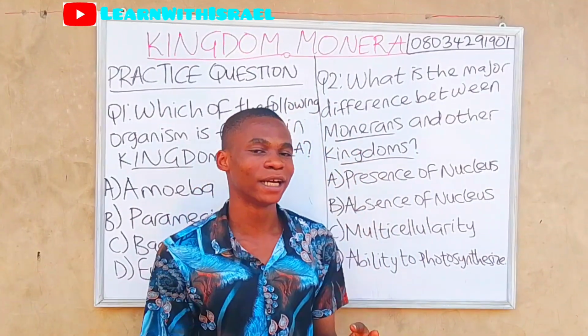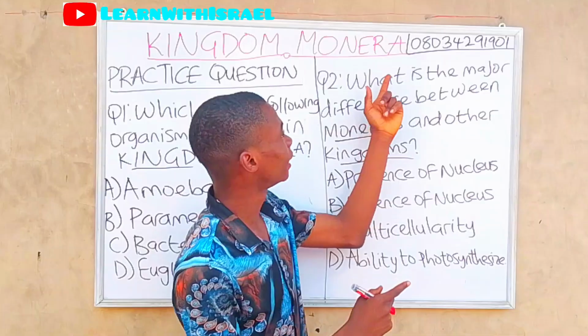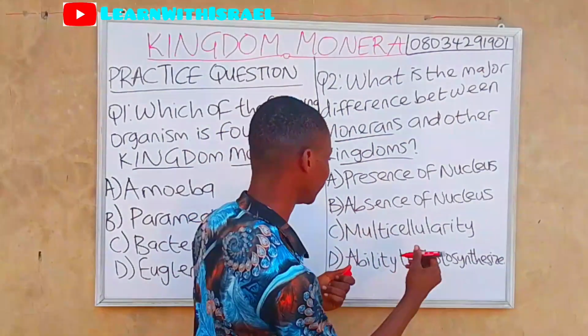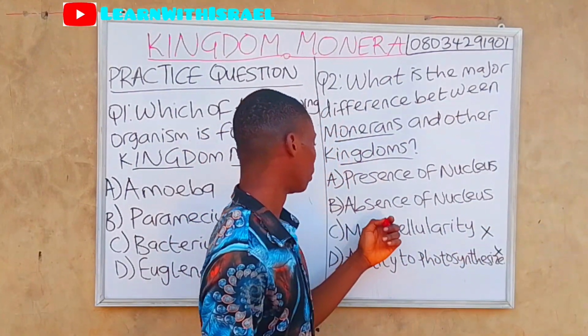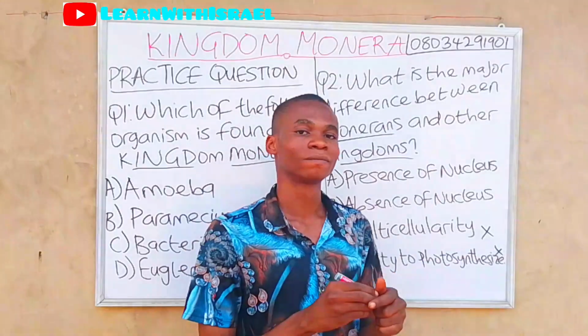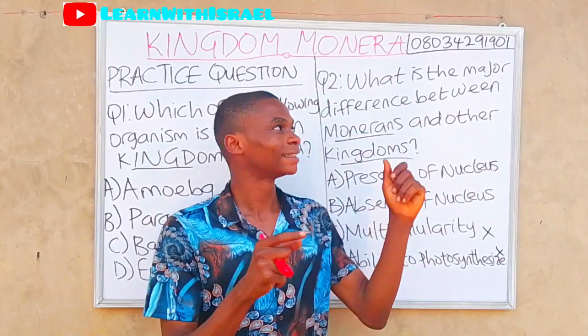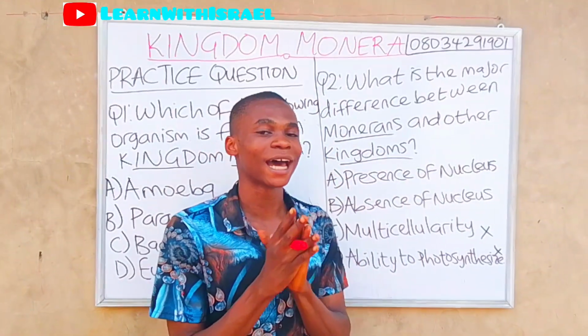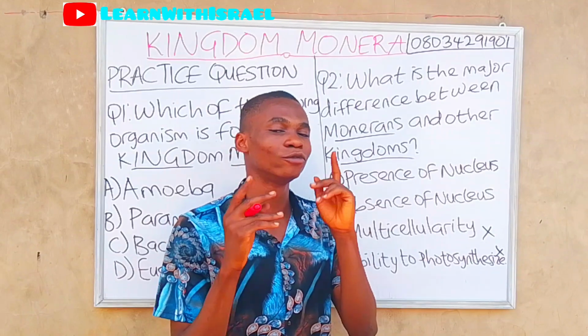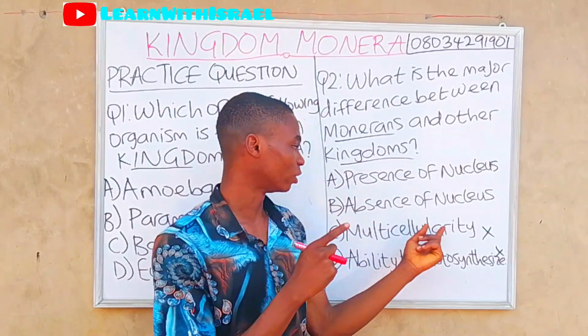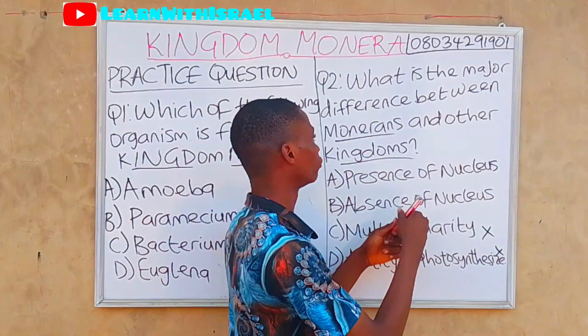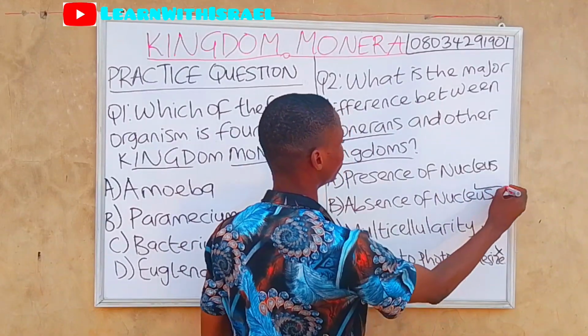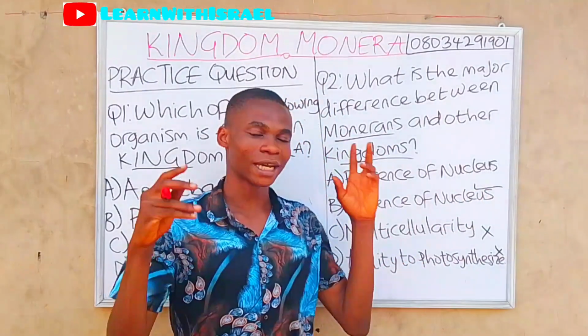And I explained during the lesson that Kingdom Monera is unicellular. So options C and D are out. Option B, absence of nucleus. Yes, I said earlier with the aid of a diagram that Moneran only have nucleoid, not nucleus. So absence of nucleus is the major difference. So guys, let's continue.